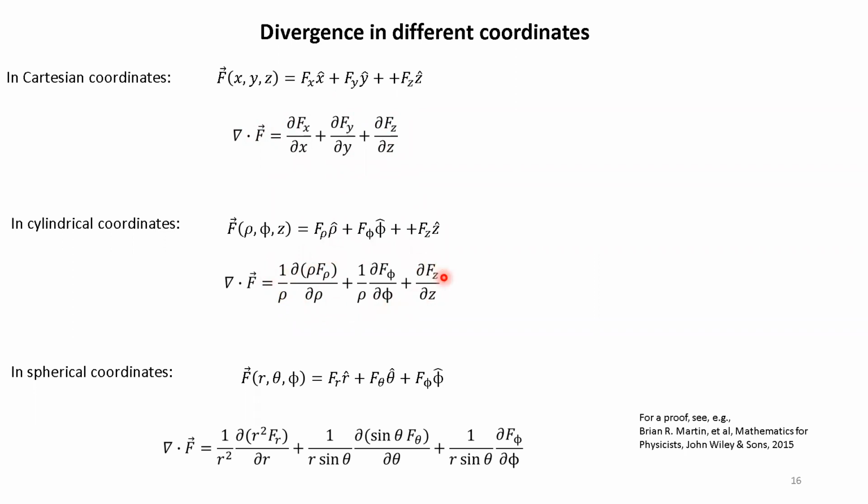The gradient in cylindrical and spherical coordinates looks more complicated than the Cartesian case. But again, once we have a situation where the function itself takes a simpler form in one of these two coordinates compared with Cartesian coordinates, then we will have the advantage.